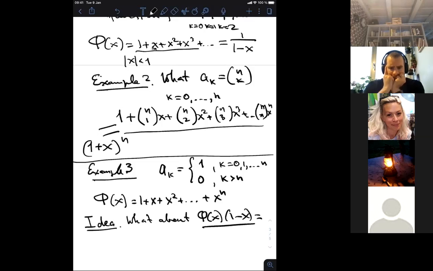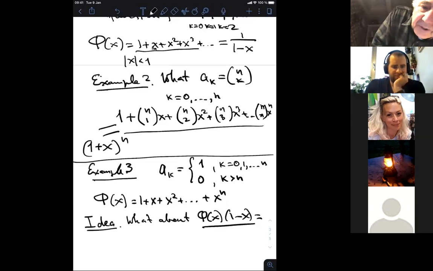Isn't that exactly the example that was in the book? So what happens if you multiply 1 plus x plus x squared and so on up to x to the power n by 1 minus x?